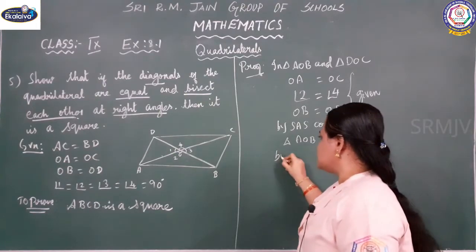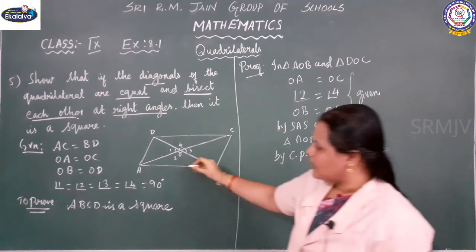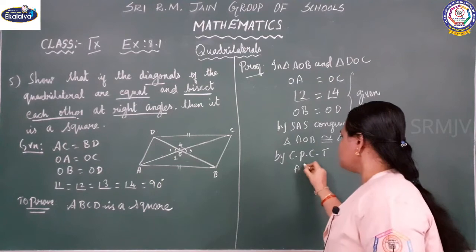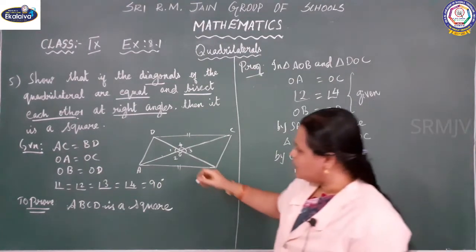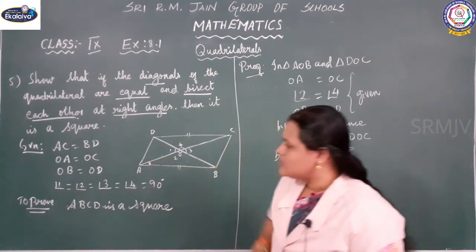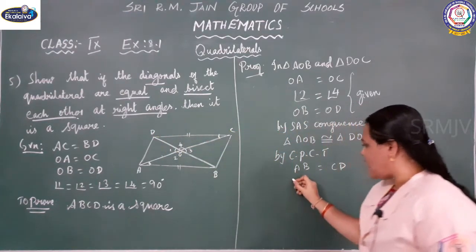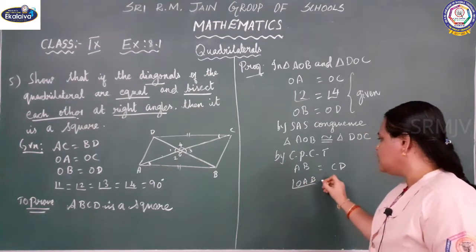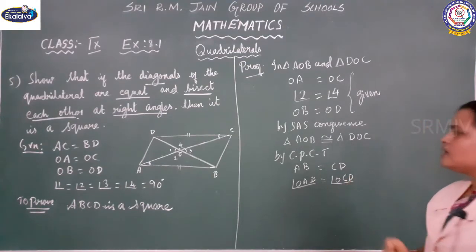So then by CPCT, I am going to tell that AB is equal to CD, and also angle OAB is equal to angle OCD.